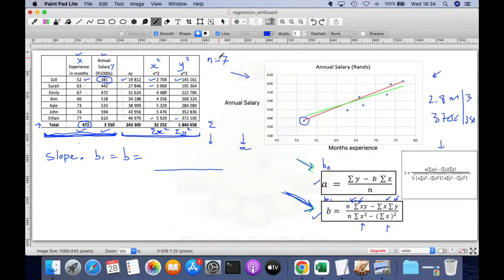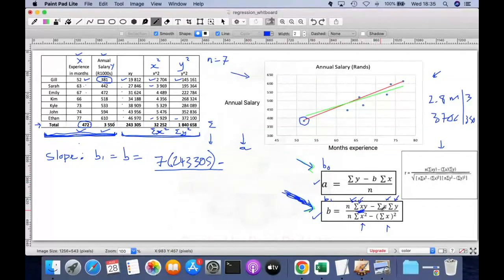All I'm doing now is following this equation to find the slope. So 7, which is your n value, times the next value, sum xy. That sum xy value is 243,305.